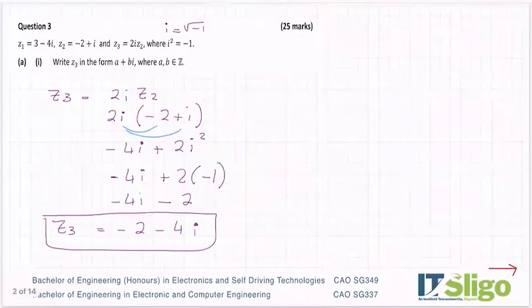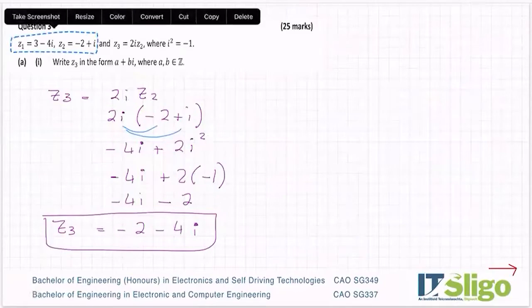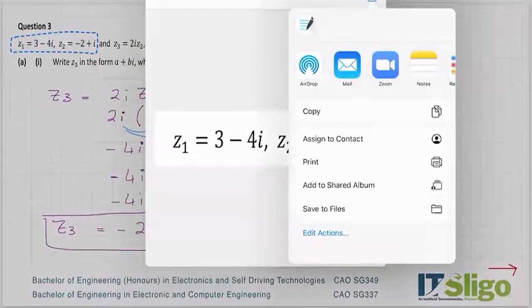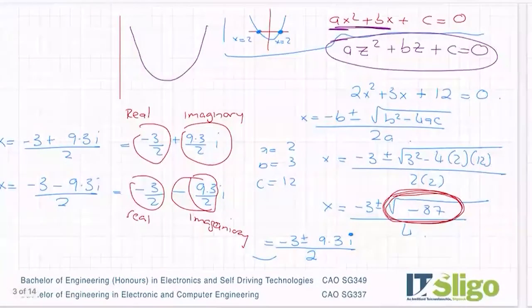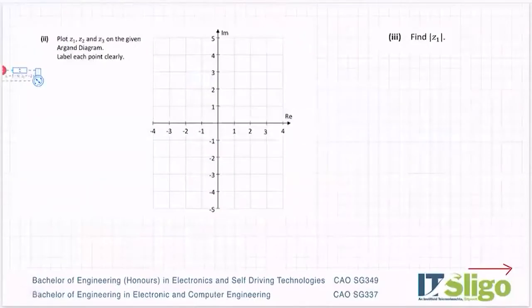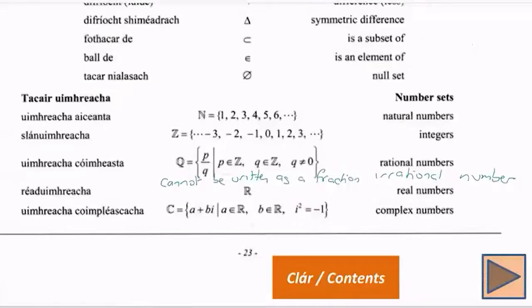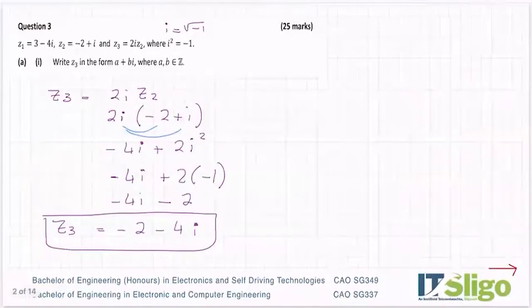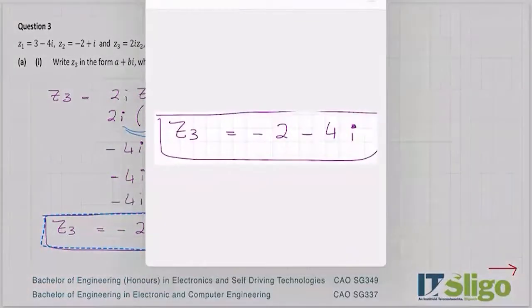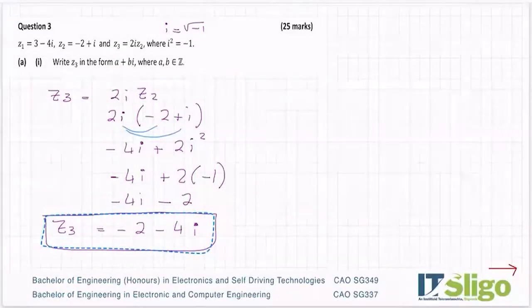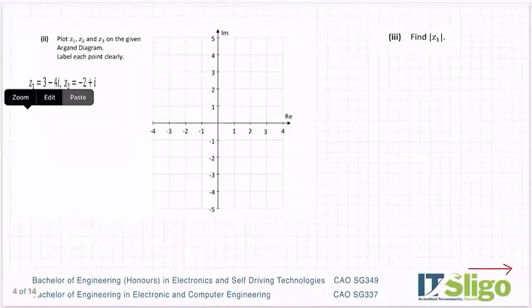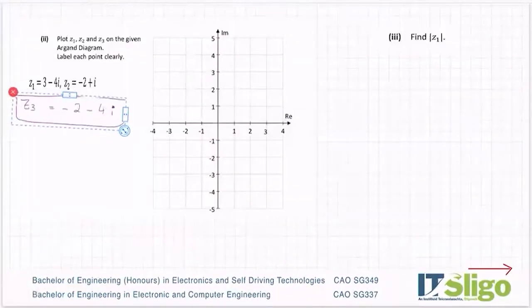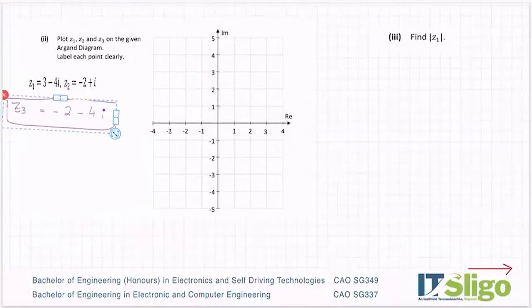Okay, so let's grab our complex numbers. So there's z1 and z2. Let's copy them over to here. Okay, and let's see, what did we get for z3? Let's take a little copy of that. Okay, and let's plot.